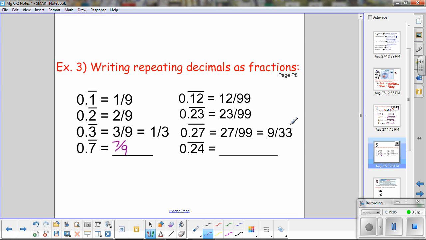This last example, 2 digits repeating, is going to be 24/99. 24/99 can be simplified because both of these numbers can be divided by 3. 24 divided by 3 is 8, and 99 divided by 3 is 33.